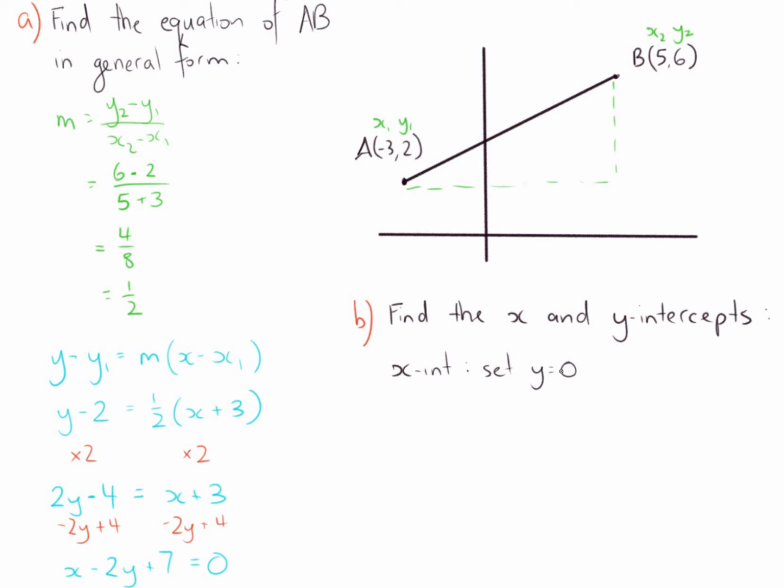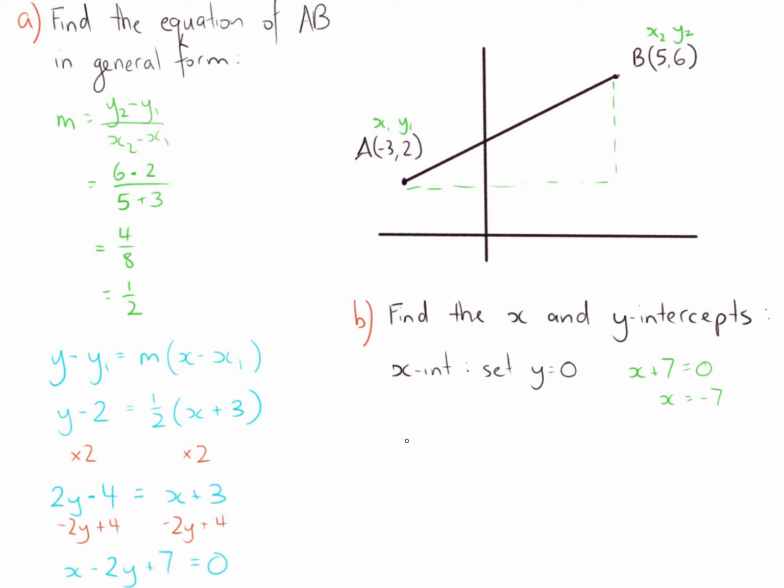That means that instead of x minus 2y, that second term disappears and we just have x plus 7 equal to 0. Therefore, x must equal negative 7 when we subtract 7 from both sides.